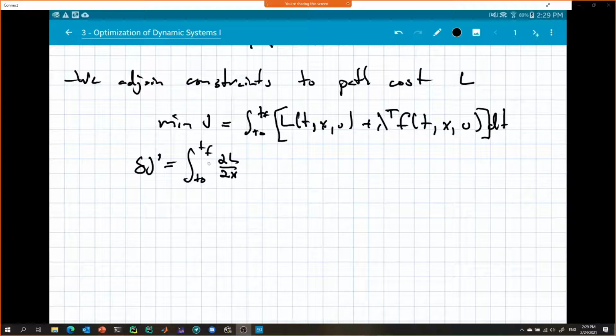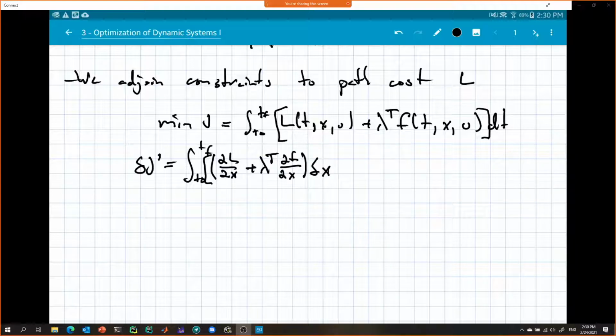So we have the partial of L with respect to x plus this lambda. I stopped writing all the bars over everything, so just assume things are vectors until said otherwise.